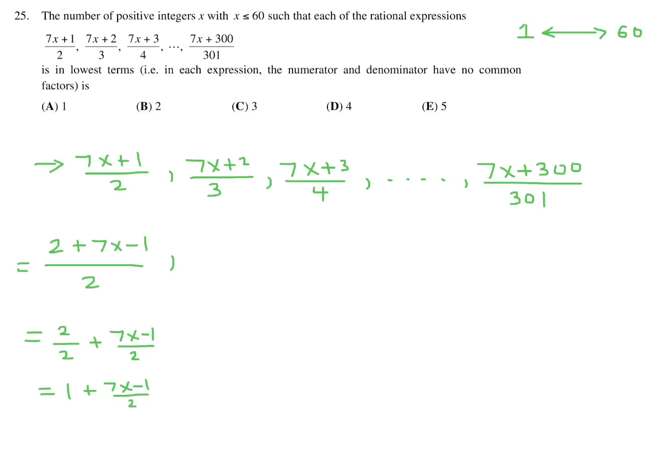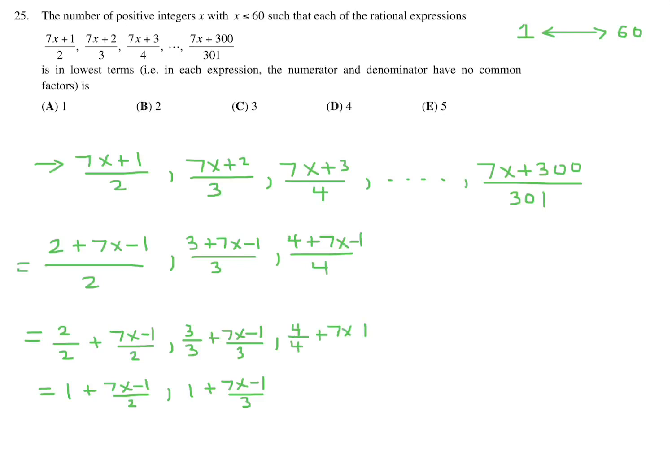Okay? In a very similar way for the next term, I can write it as (3 plus 7x minus 1)/3. I haven't changed the value at all. And this then becomes 3/3 plus (7x minus 1)/3, which is 1 plus (7x minus 1)/3. In a very similar way, for the next one, (4 plus 7x minus 1)/4, and this becomes 4/4 plus (7x minus 1)/4, which is 1 plus (7x minus 1)/4.